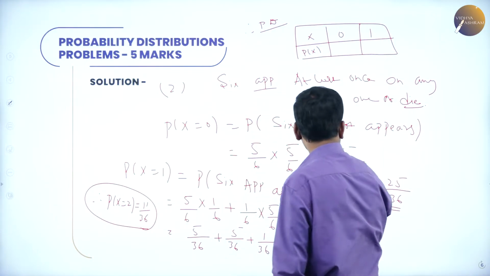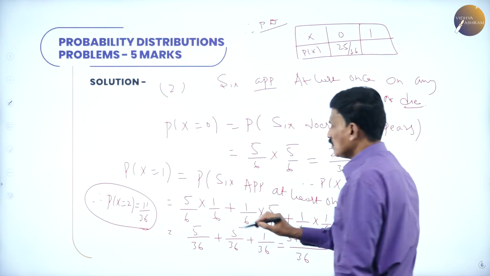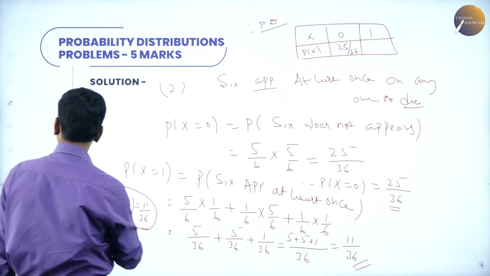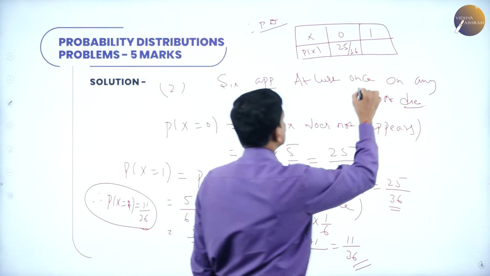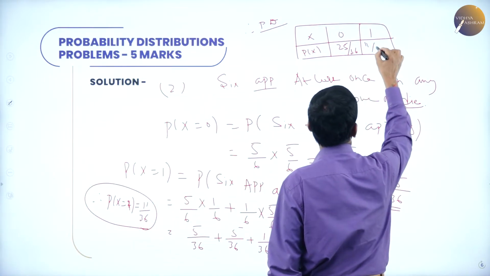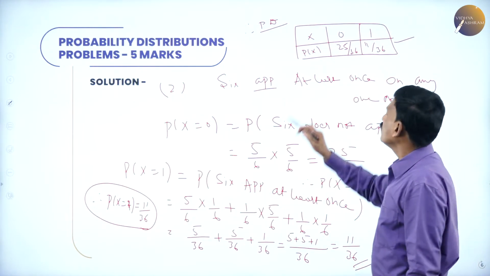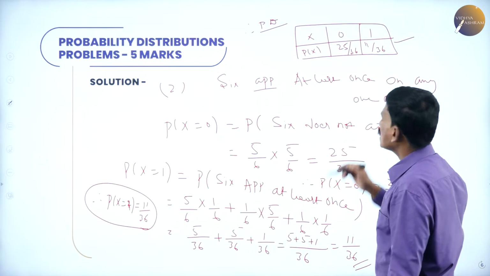For x is equal to 0, it is 25 divided by 36. When x is equal to 1, sorry, this is not 2, this is x is equal to 1. For x is equal to 1, this is 11 divided by 36. This is the probability distribution. So when x is equal to 0, 25 by 36. When x is equal to 1, it is 11 by 36.